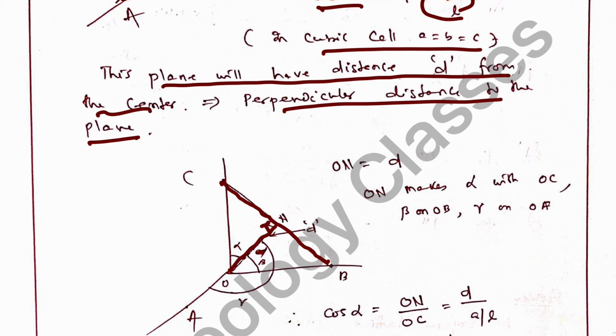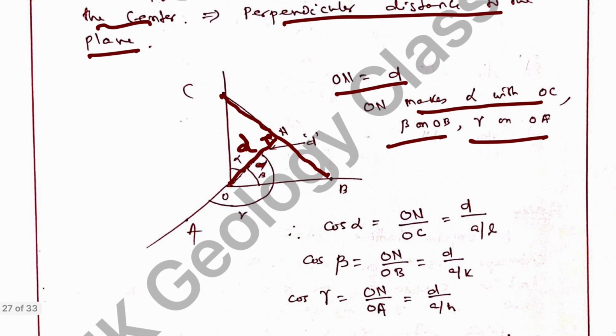So this perpendicular distance from A axis, B axis and C axis, this is the D perpendicular distance. This, let us say this is ON. ON makes alpha with OC, beta with OB, gamma with OA.